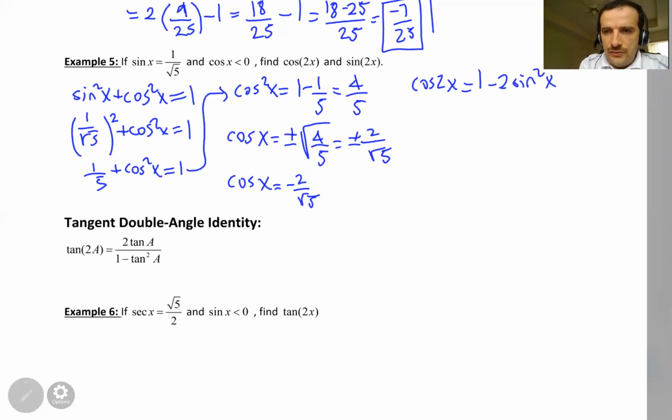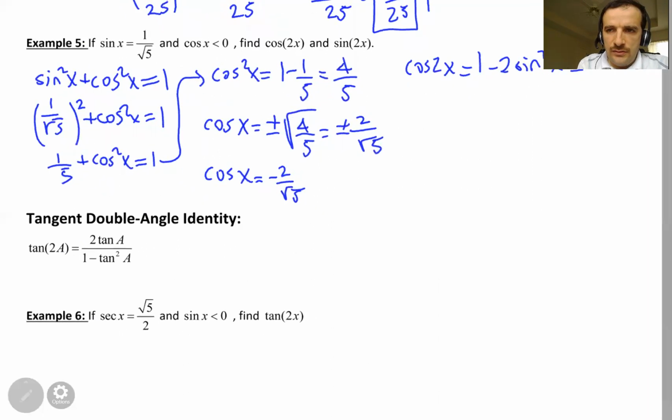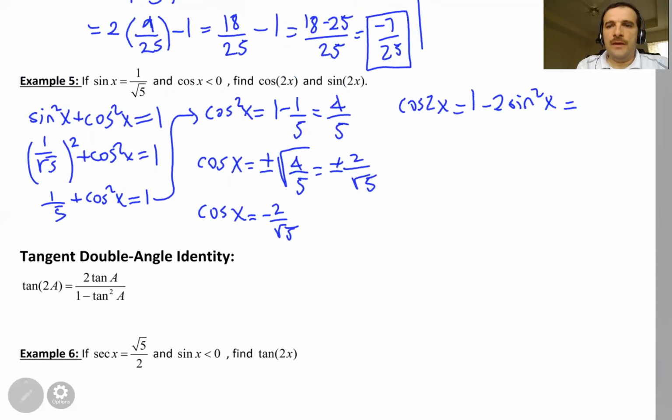So that's equal to 1 minus 2 times 1 over root 5 squared, right? The square of 1 over root 5 is 1 over 5. So this is equal to 1 minus 2 times 1 over 5.